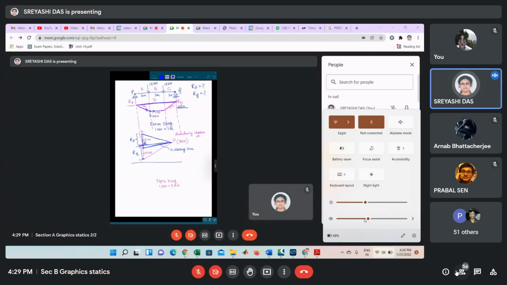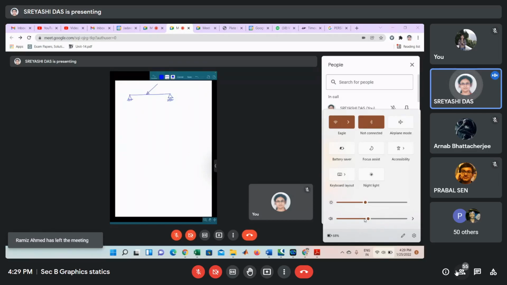For example, suppose we have a simply supported beam, but with an inclined load. Then what will be the reactions? How will you draw this? Suppose this inclined load value is P. This P is the force.